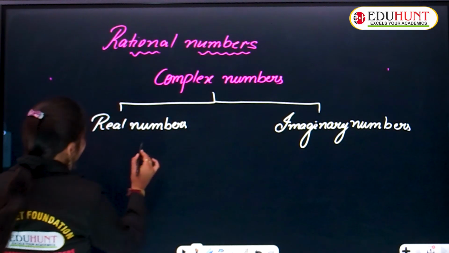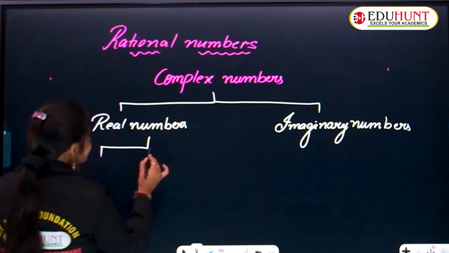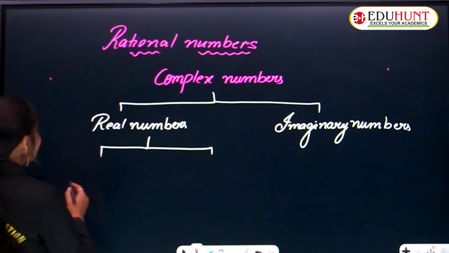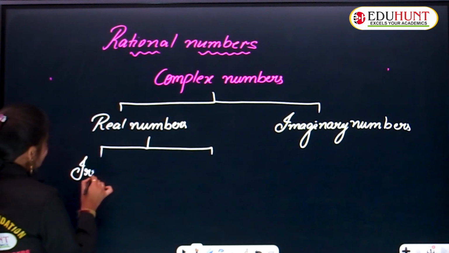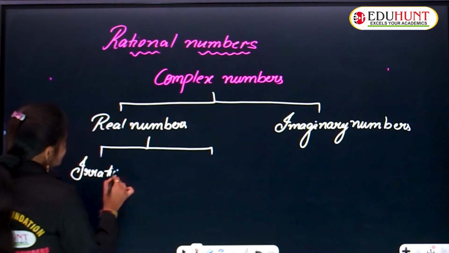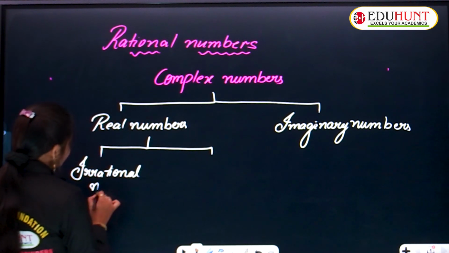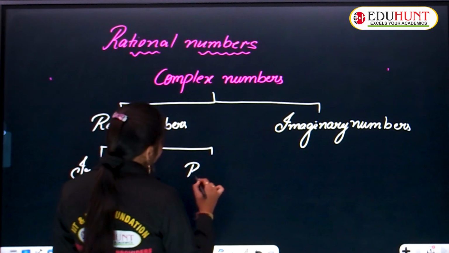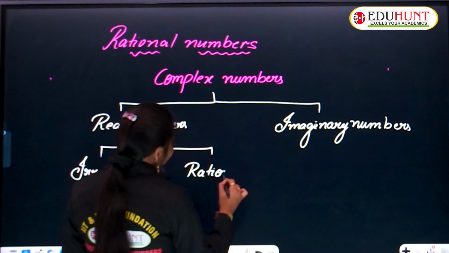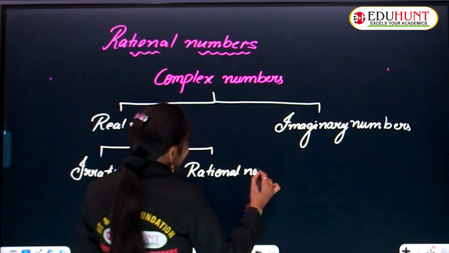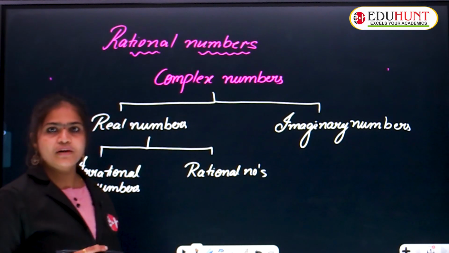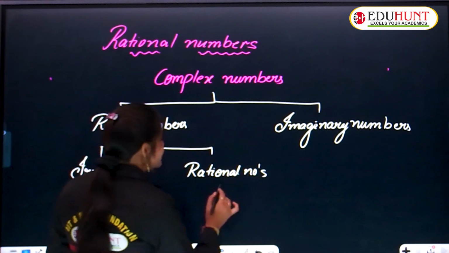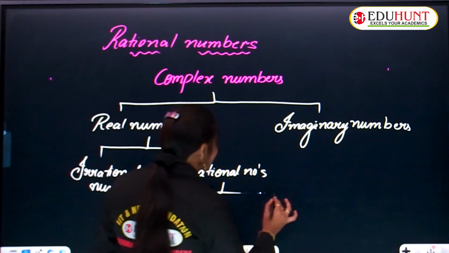Now come to real numbers. Real numbers are the combination of irrational numbers and rational numbers. In rational numbers, this is the topic we are going to discuss from here onwards. In rational numbers, what kind of numbers are there?